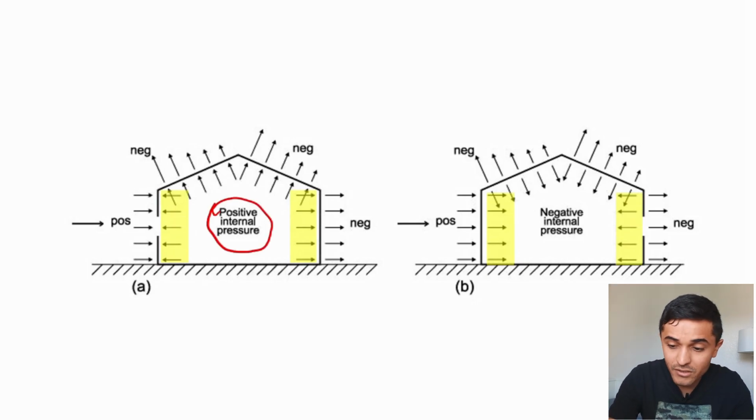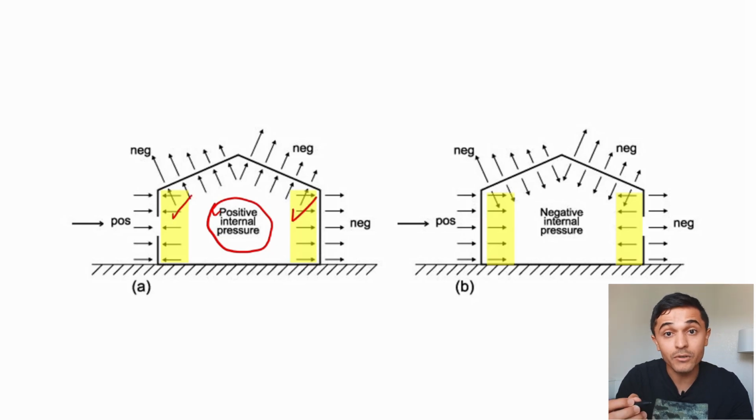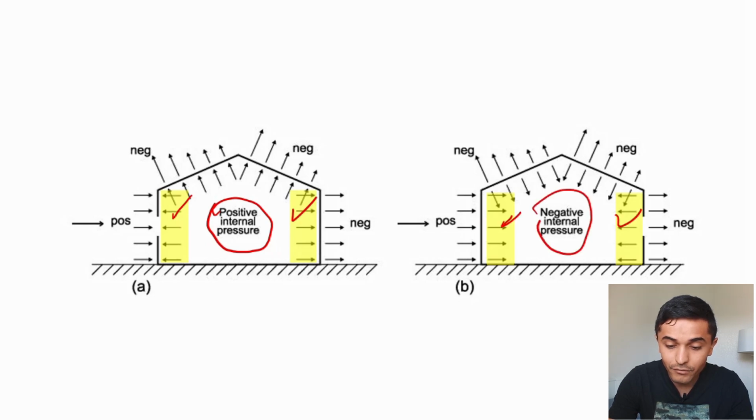But you can see that these two pressures here, this one and this one, cancel out. So as we are going through wall pressures, it doesn't really matter, the internal pressure. This portion of the equation will get canceled out because these two are equal and opposite. And the same thing here, when you have negative internal pressure, they also cancel out.